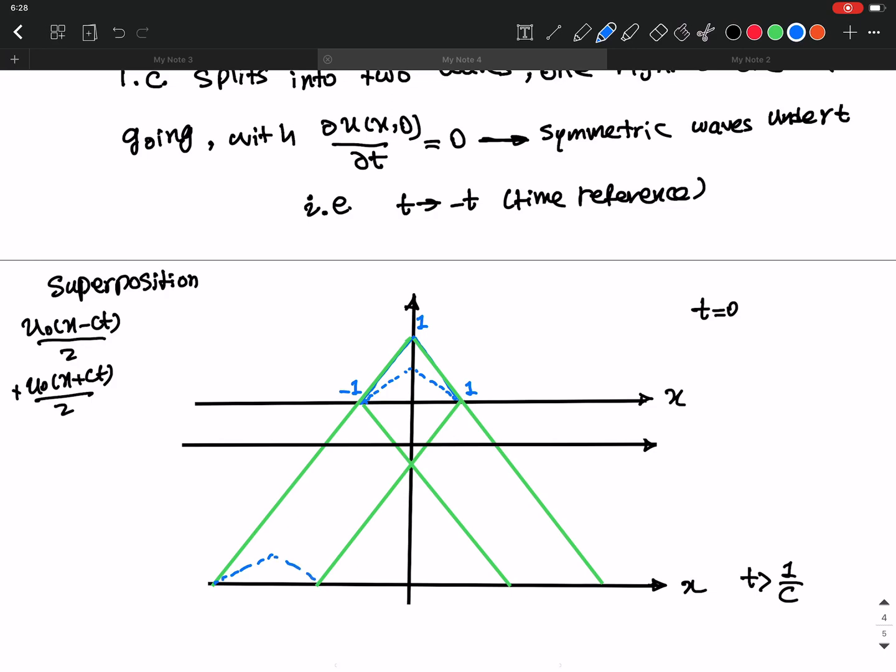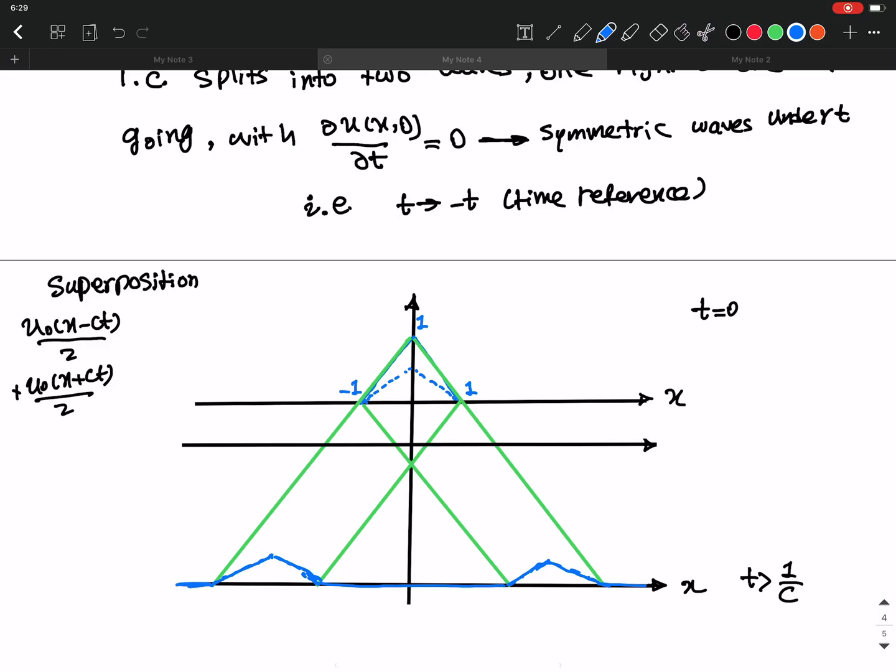This is the solution for u naught of x plus ct, and the other is u naught of x minus ct. For any t that is here, this is going to be my solution.